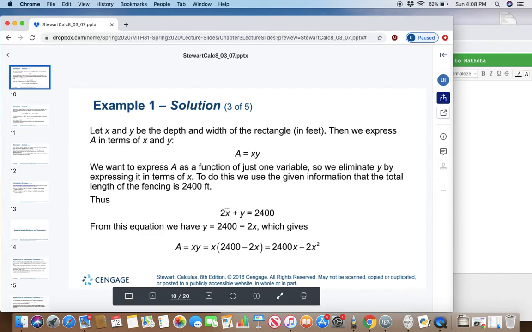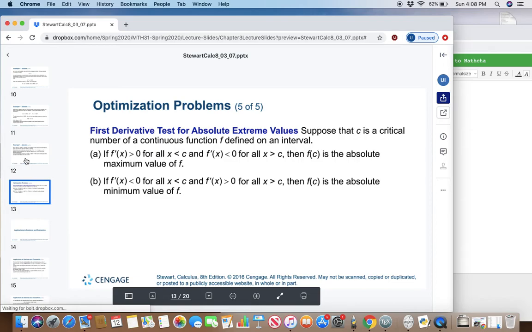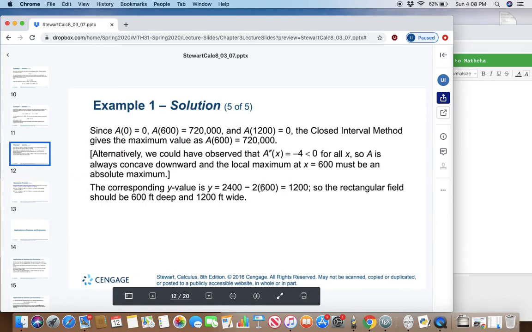When x is 600, plug in for x: 2400 minus 2 times 600, 2400 minus 1200 gives me y to be 1200. Okay, so that gives you the dimensions of your rectangle. x equals 600, y equals 1200, and the maximum area is 720,000 square feet.